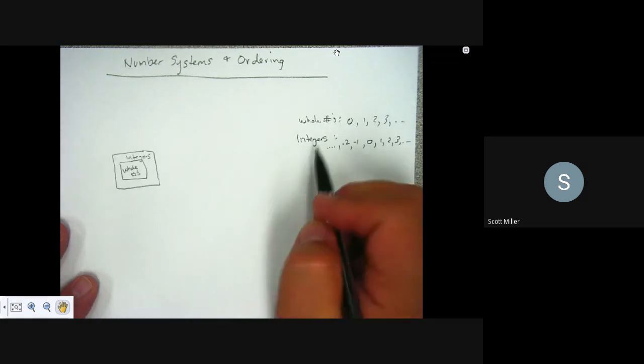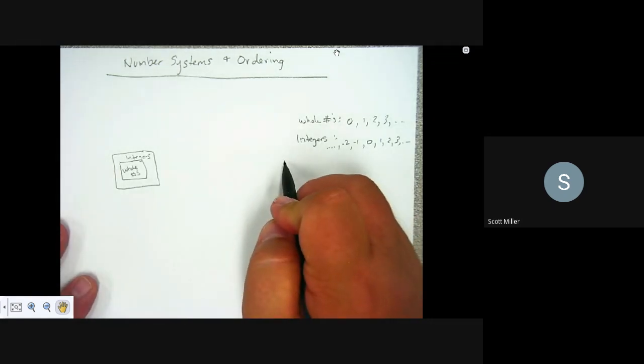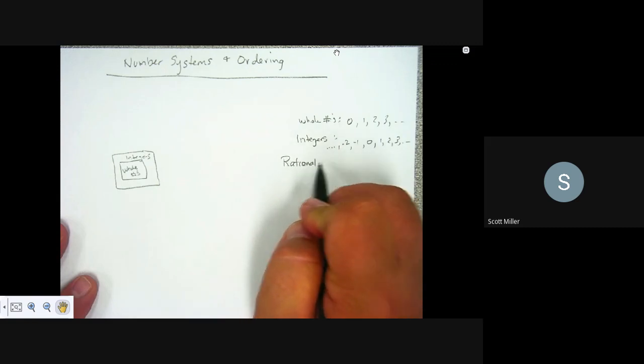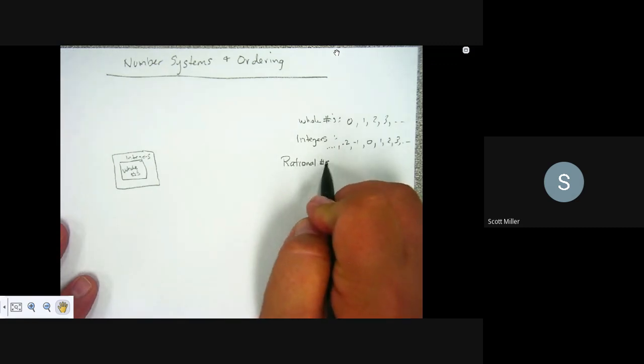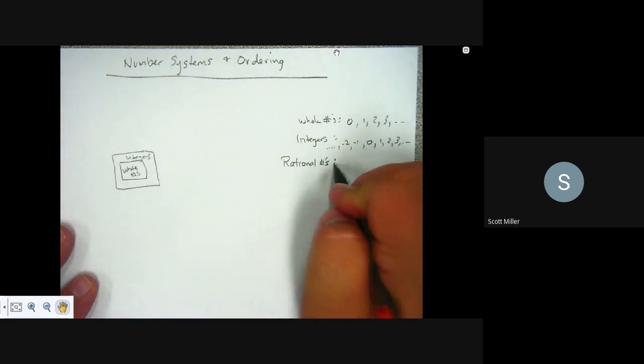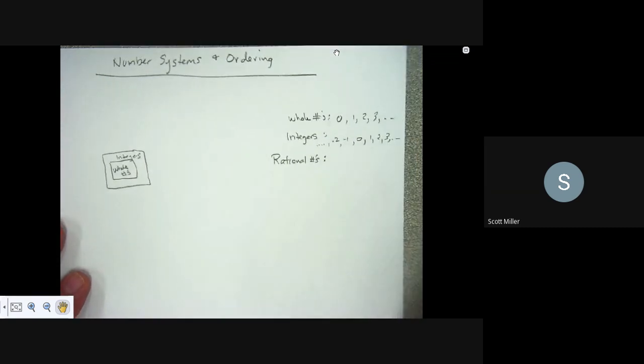Another numbering system that you had, or group that you had, you called it something different at the time you learned it, but they are called rational numbers. Rational numbers. You are more familiar with them as fractions. Okay? But they're actually called rational numbers. And here's the definition of a rational number.